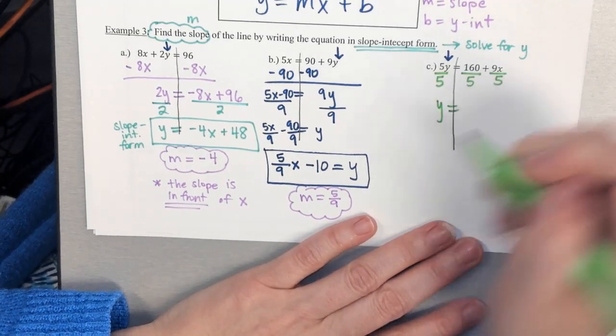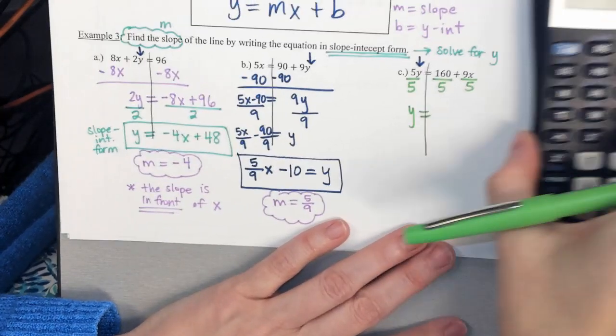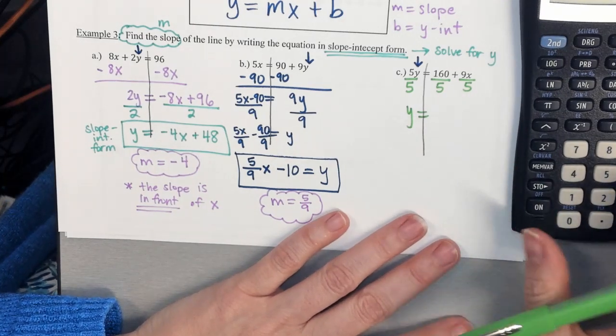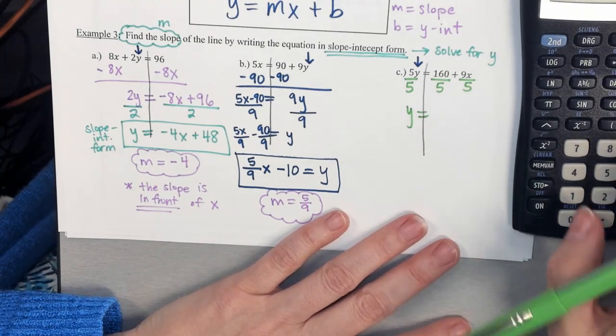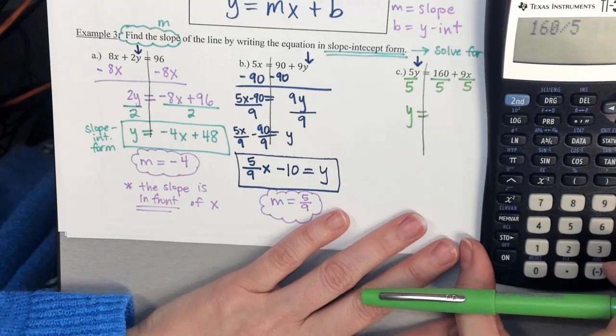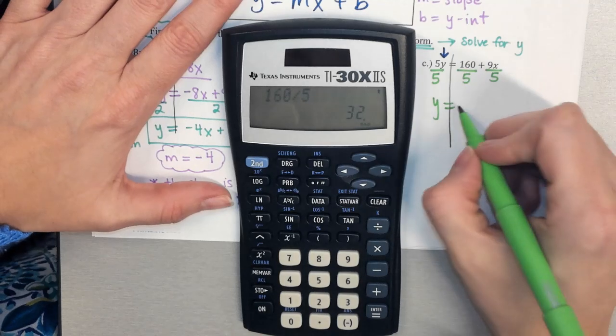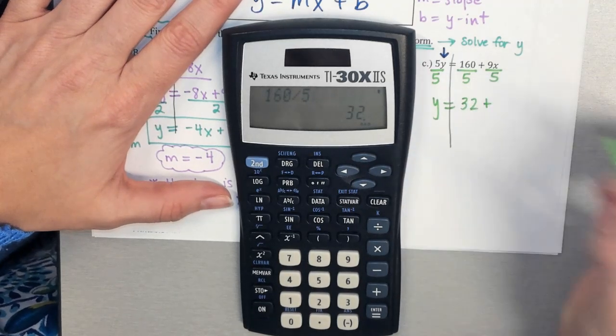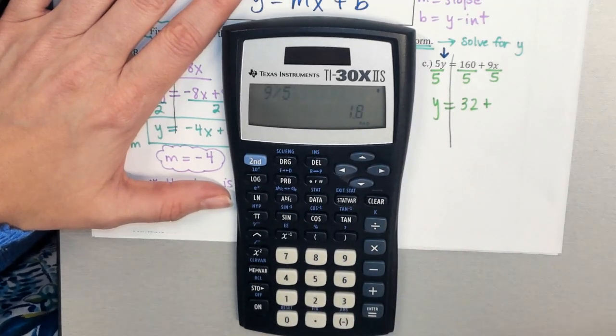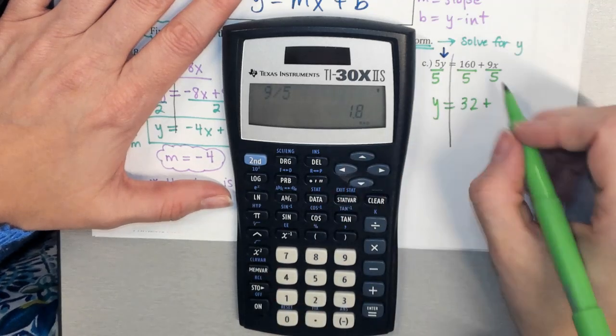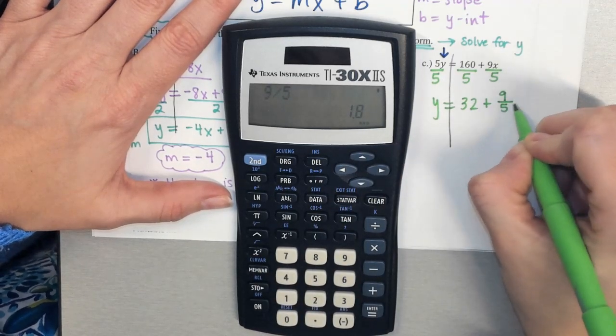So then you get y by itself. I'm going to use my calculator to do 160 divided by 5 to see if that simplifies. If it simplifies to a whole number, which this one did, we're going to write it as the whole number. If I do 9 divided by 5 and I get like a decimal, which I did there, I'm just going to leave it like this.